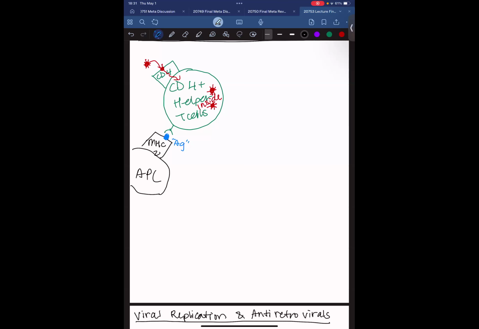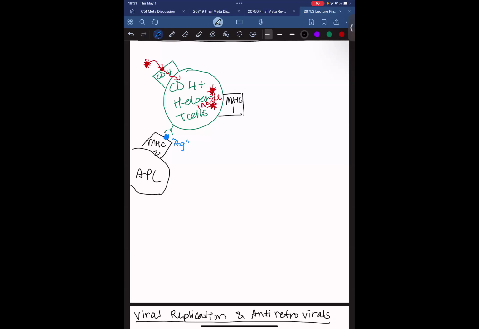So all nucleated cells have the ability to get infected by viruses, and all nucleated cells have the ability to signal for help with MHC1. I know you guys have seen this before because I've even asked a question about it in a quiz.